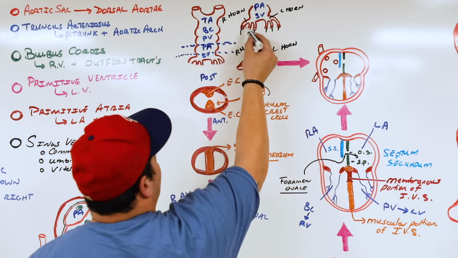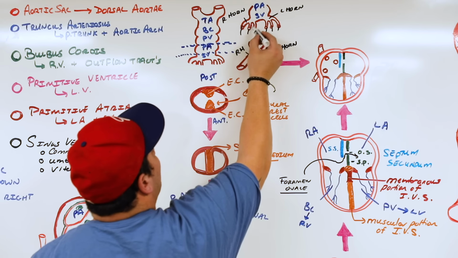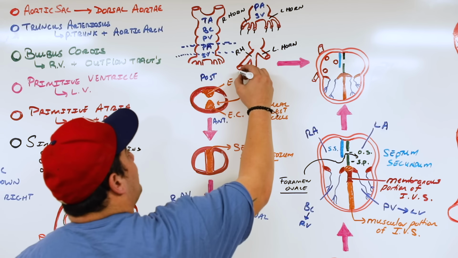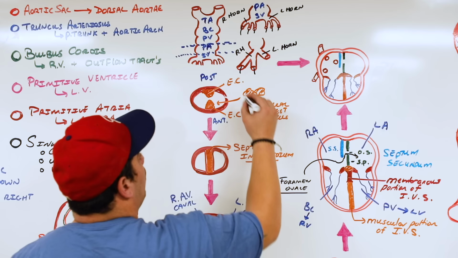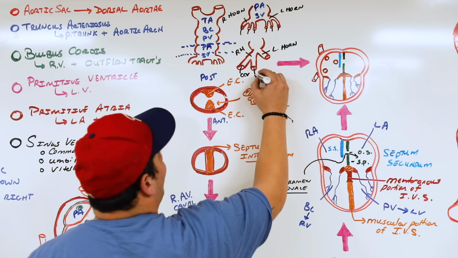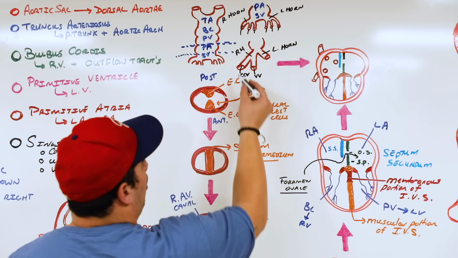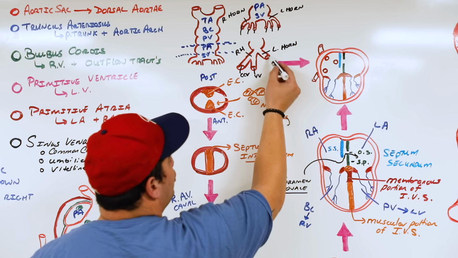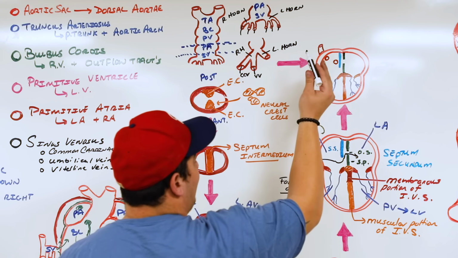What happens is the umbilical vein actually starts to degenerate. And all that's left over feeding into the right horn, we'll abbreviate as the common cardinal vein and the vitelline vein. So all that's feeding into the right horn is the common cardinal vein and the vitelline vein, and all the tributaries off of the left horn break down.